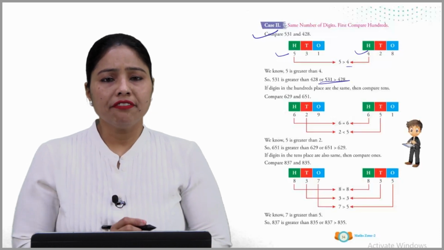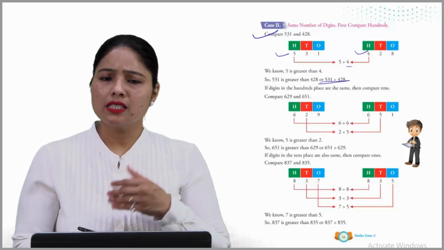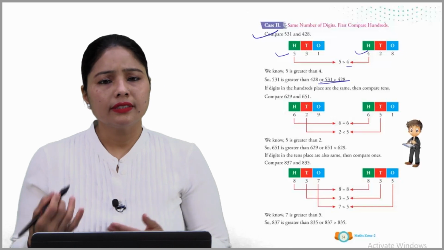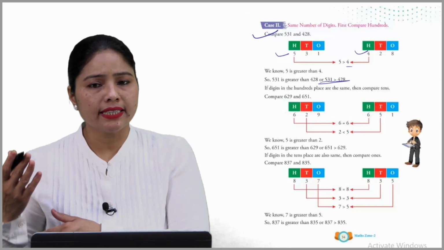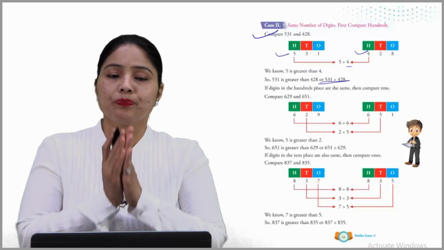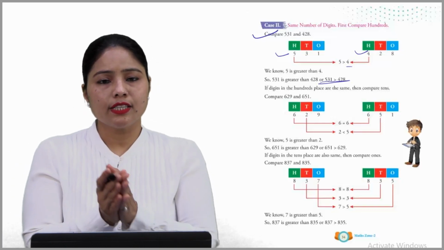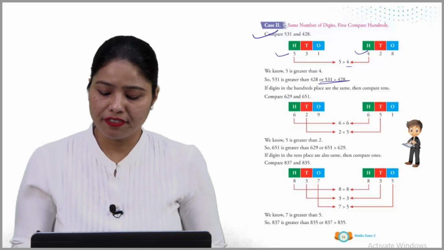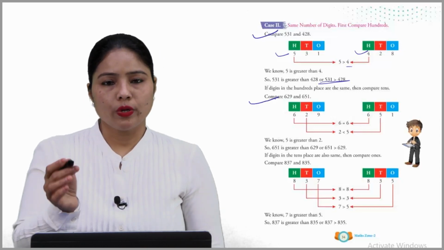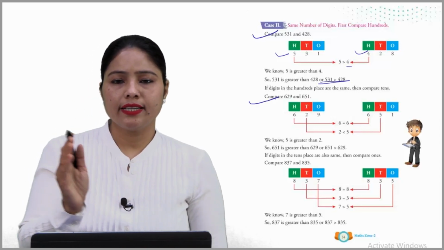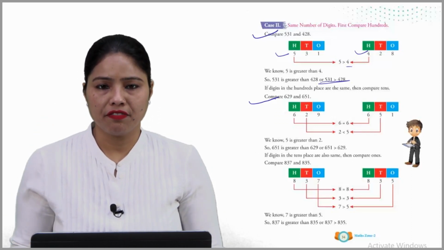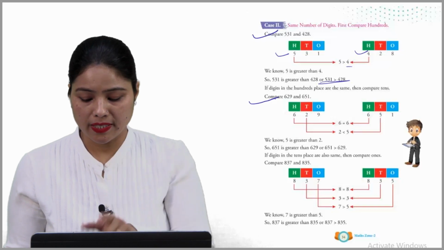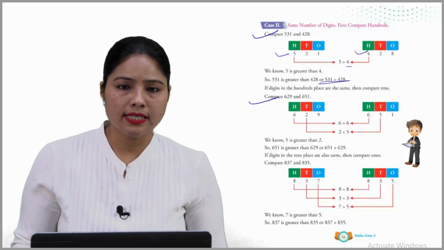Okay. If digits in the hundreds place are the same, then compare tens. अगर 100 की प्लेस पर सेम होती है तो हमें टेंस की प्लेस से कंपेयर करना है. Now compare 629 and 651. Ones, tens, hundreds. Compare the hundreds place: 6 and 6, they both are same.